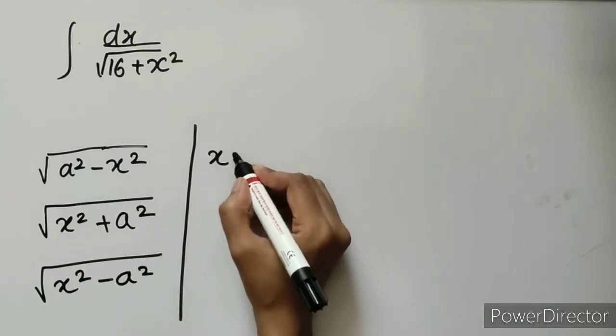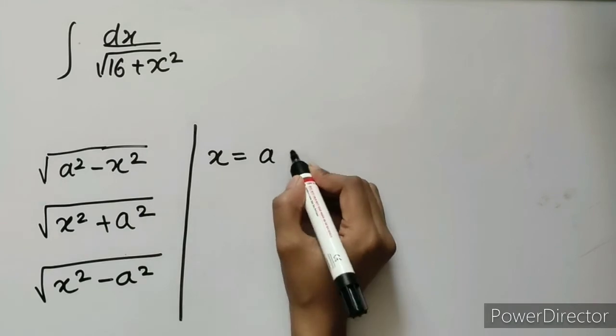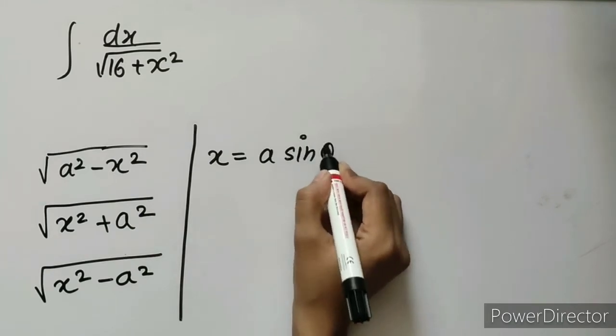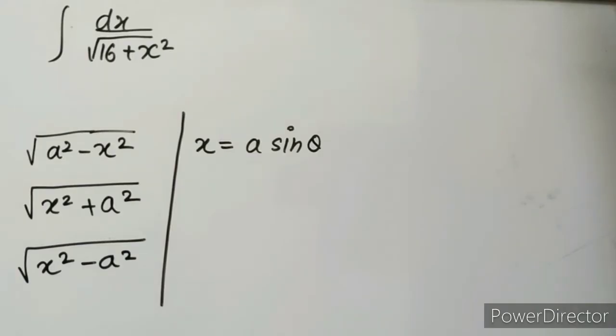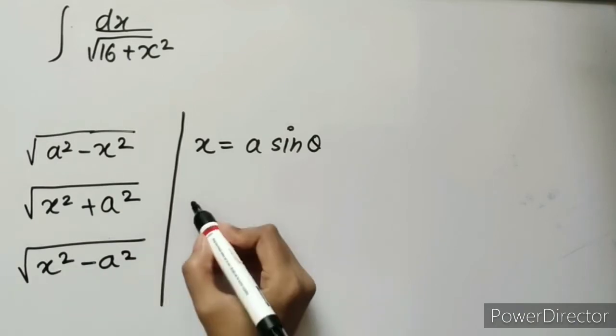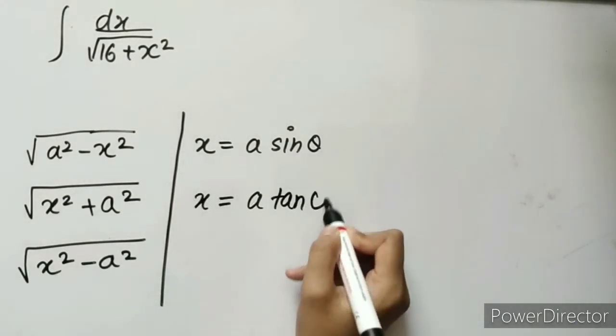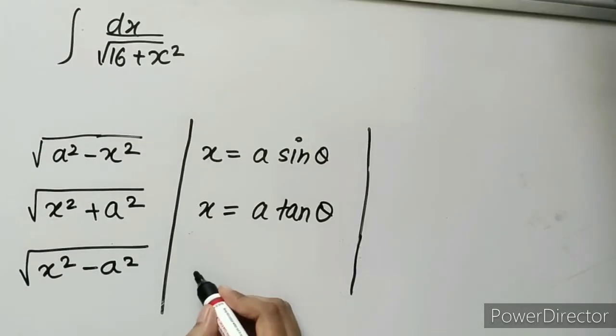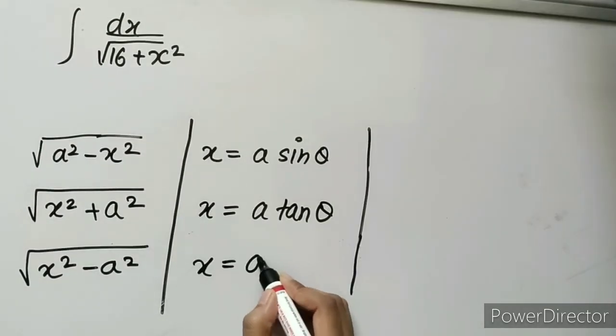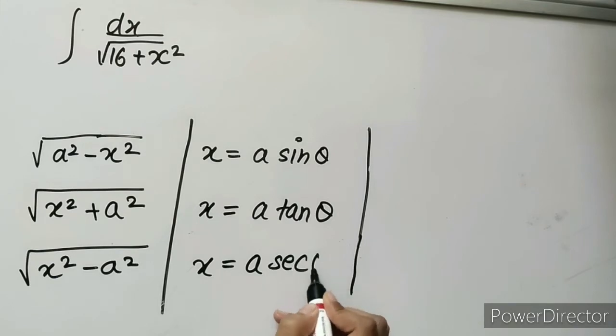In the first case, you have to substitute x is equal to a sin theta. This will make your integration very simple. In the second case you have to put x is equal to a tan theta, and in the third case you have to put x is equal to a sec theta.